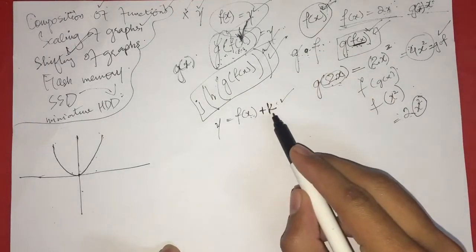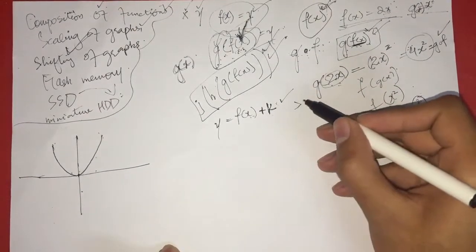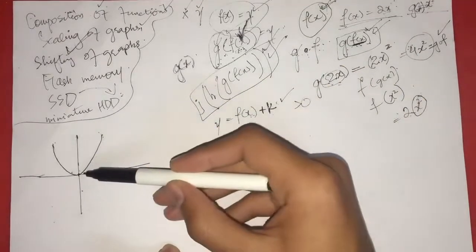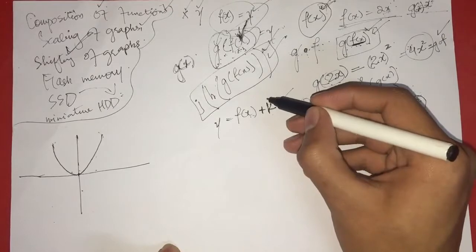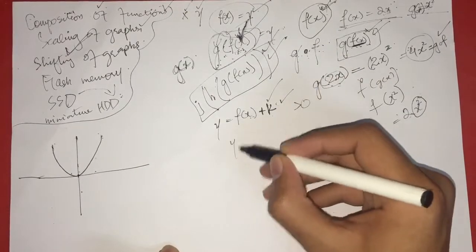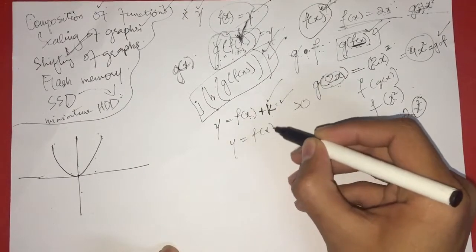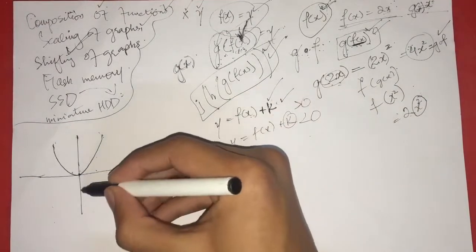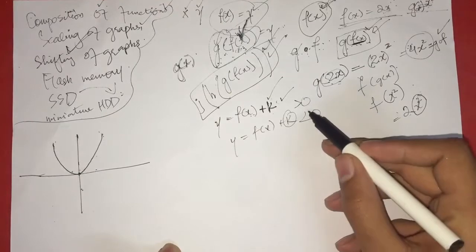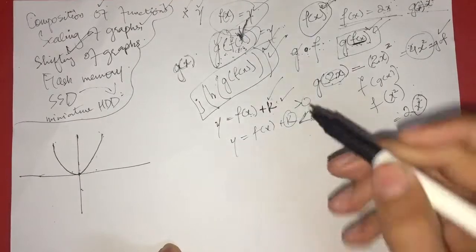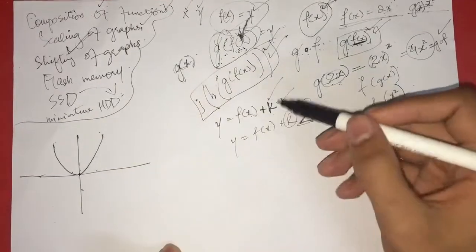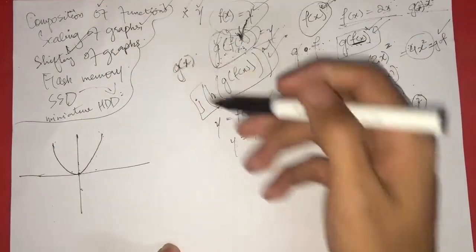If k is greater than 0, it will move vertically up based on the value you have given to k. But if k is less than 0, the graph is going to move vertically down. I think it's self-explanatory that if k is less than 0, it will move down, and if k is greater than 0, it will move up.